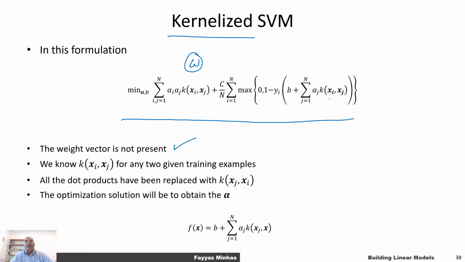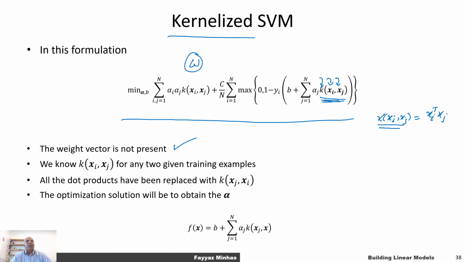We know k(xi, xj) for all training data points, because we know xi, we know xj, and we know what kernel function we want. Let's say if we want k(xi, xj) equal to xi transpose xj, we know what kernel function to apply, right? So we know all of this.